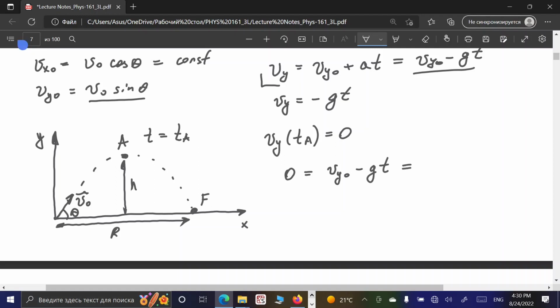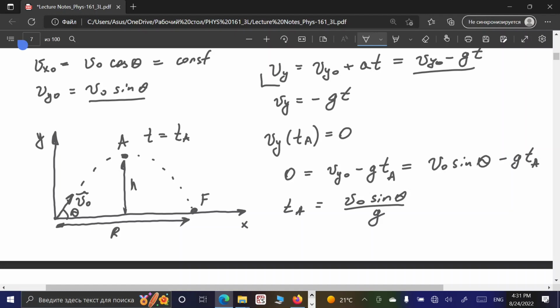So that will be v naught times sine theta minus g times ta. Here we need to write ta because it's the specific time when the projectile reaches the highest point of the trajectory. So based on this equation, we can express ta, this moment of time, as v naught times sine theta divided by g.